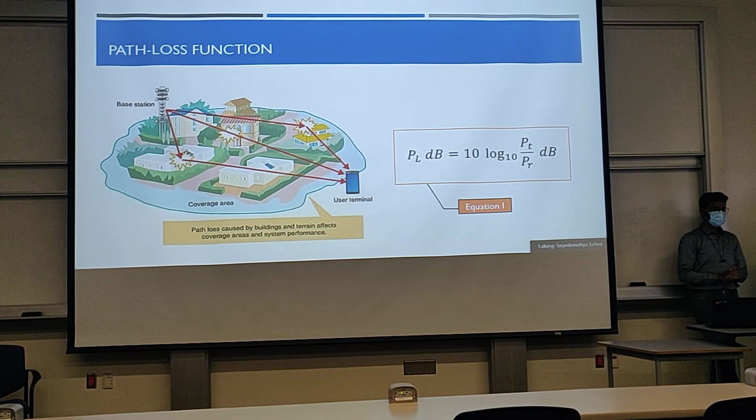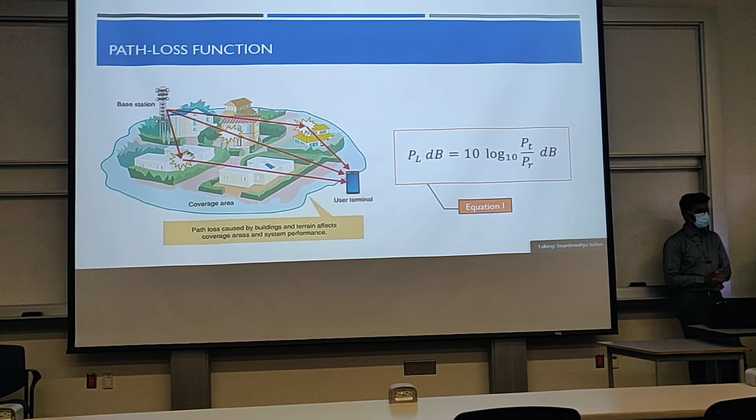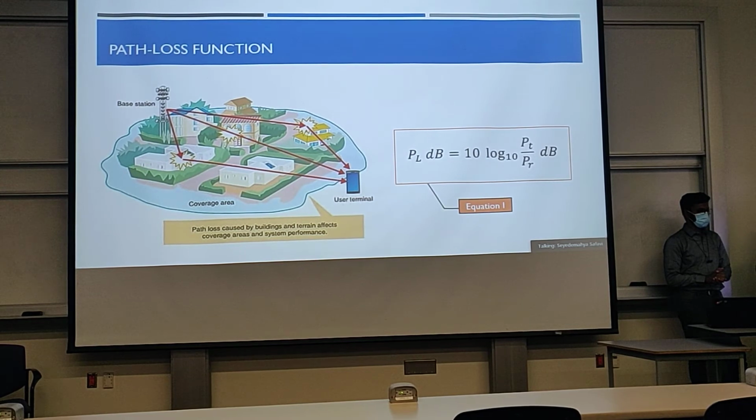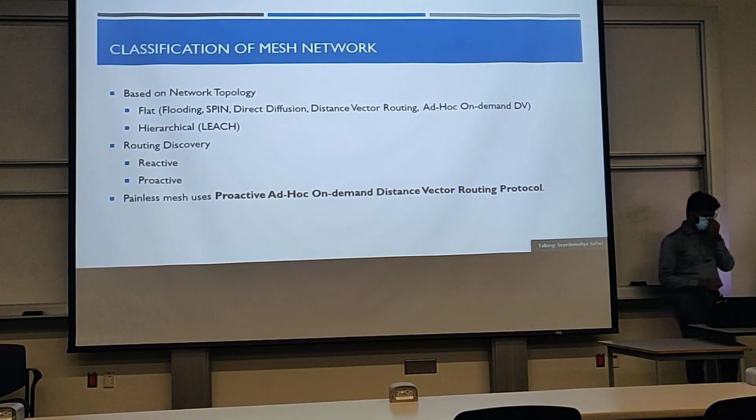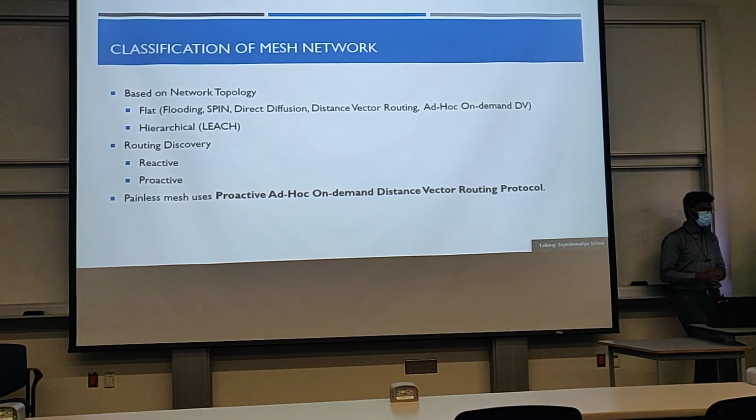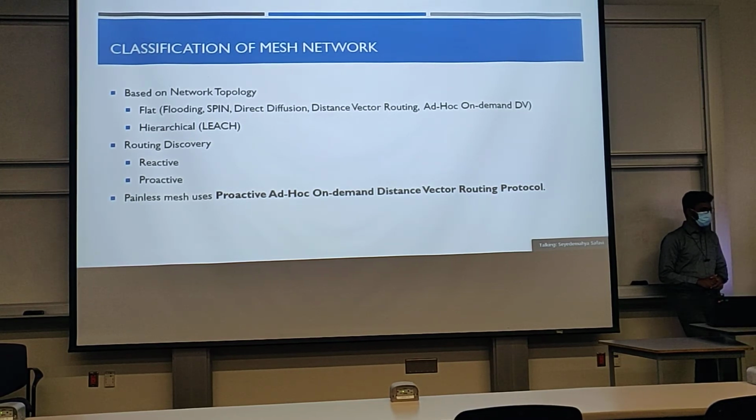Also, we took the no wave signal, and we calculated based on the LOS and free space. Painless Mesh uses a proactive ad hoc on-demand distance vector routing protocol, with continuous broadcast messages from sensors to the neighboring nodes.